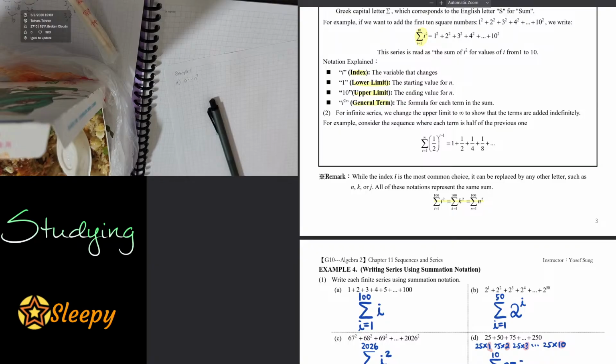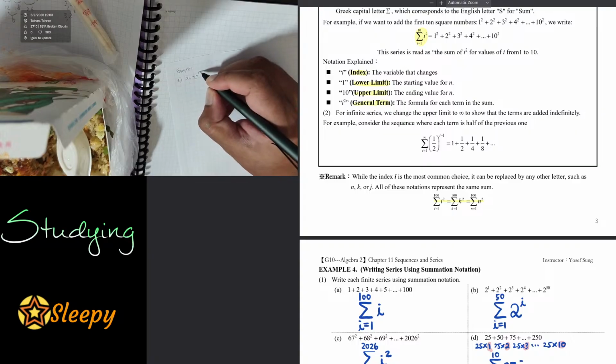But they're all negative, no? So you have to write it down like this.